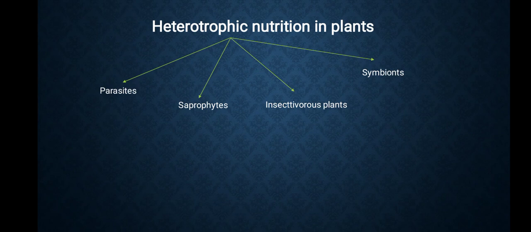It sucks food from a plant by producing special root-like structures called haustoria for absorption of food from the host plant. There are many worms, bacteria and fungi which grow on other plants and live as parasites upon them. While drawing food from their host, the parasite may also cause disease in them.